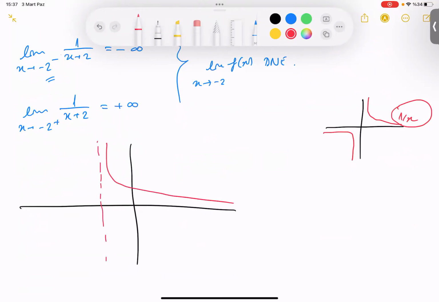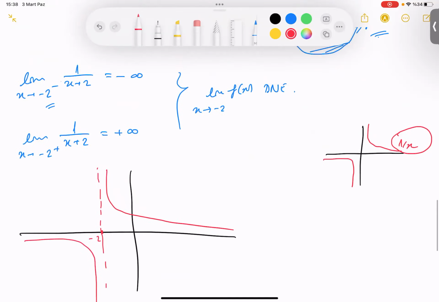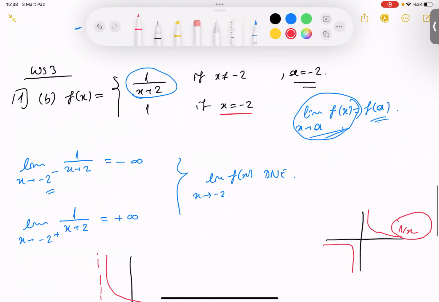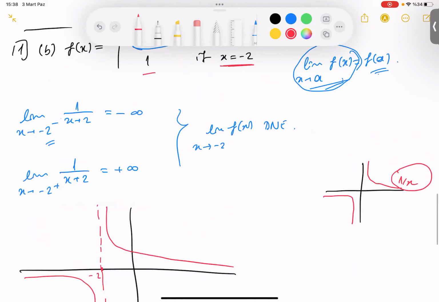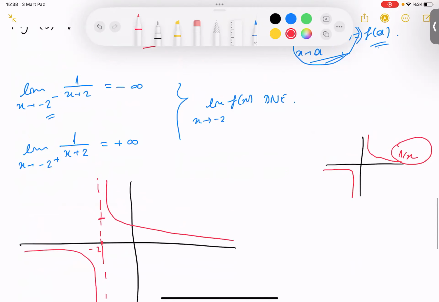The asymptote here is -2. Okay, so you have this. We're not done because the function is defined at the point -2 as 1. So you get the value 1 here. You have a dot there.